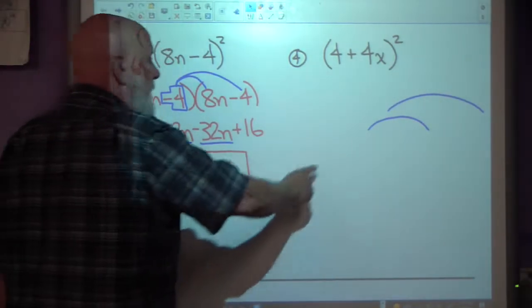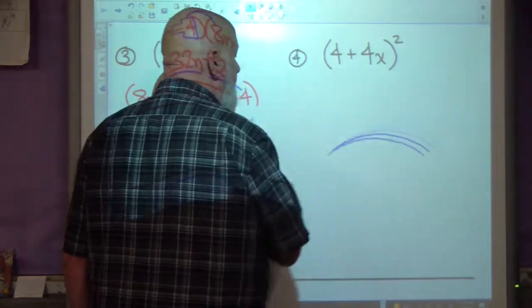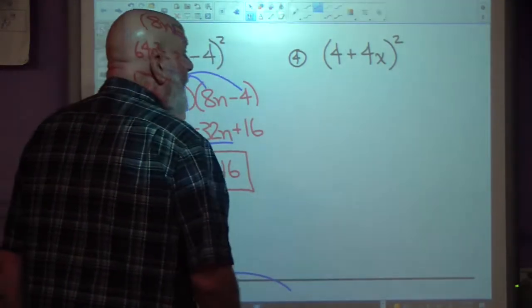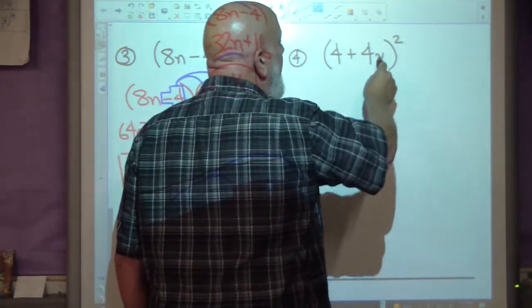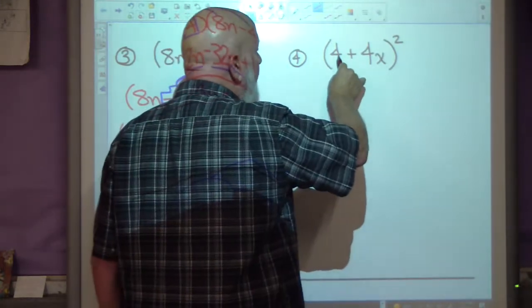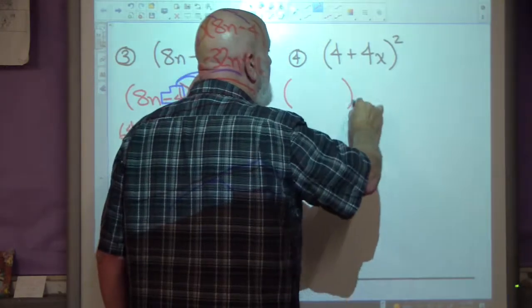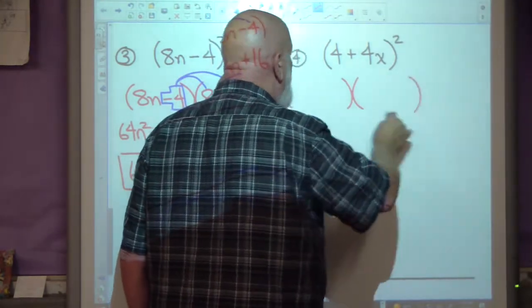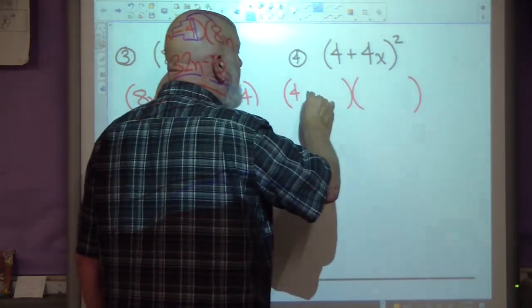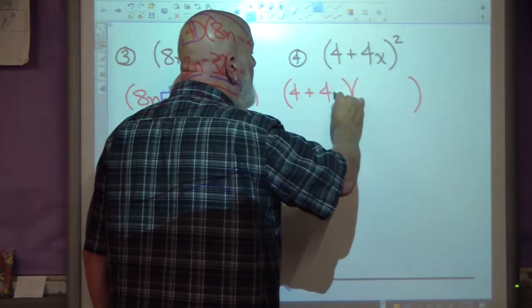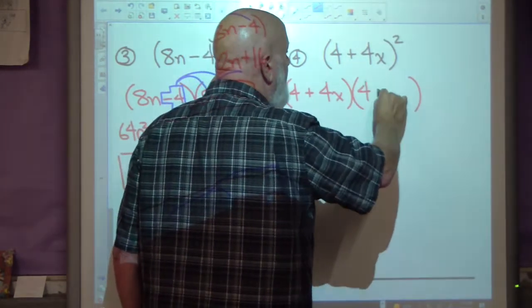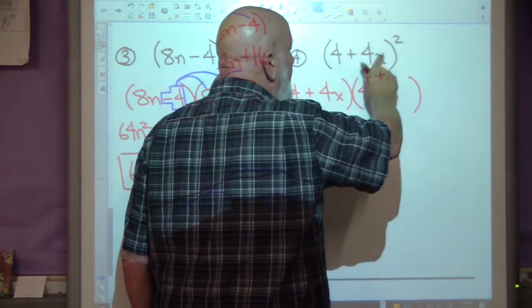One more. You get these out of the way. And again, notice the x comes second here, that doesn't matter. You could have 4x here or 4x here, doesn't matter. We're going to multiply it by itself. Because that's what that means.